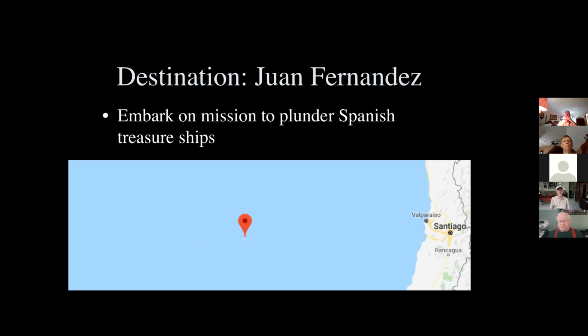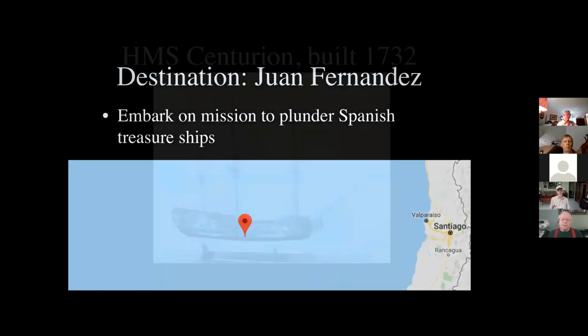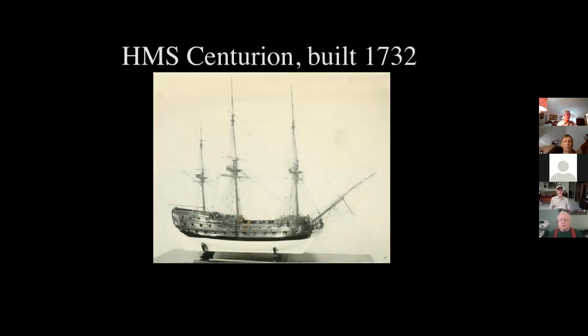once they get there and get everything straightened out, they're in a position to be able to begin their mission of plundering Spanish ships in the Pacific Ocean. This is a model made much later of the Centurion, which was Anson's flagship. And this was built in about 1732.